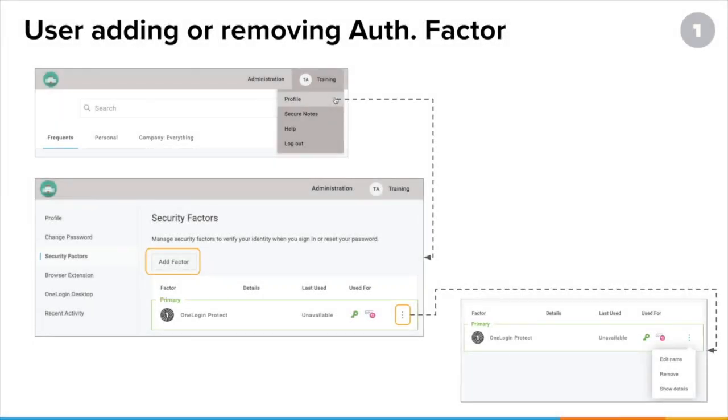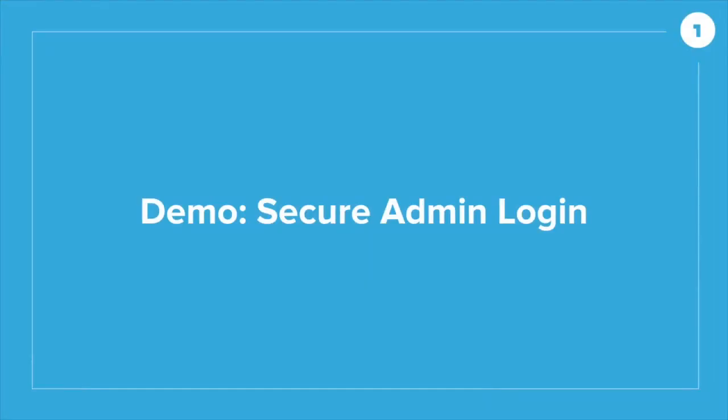Once you've added the new auth factor like OL Protect and made it available to your administrators through the user policies, they can register the MFA factors themselves through their own profile or be prompted to register them when they first log in. So let's take a look at how we can set up secure logins for our administrators.